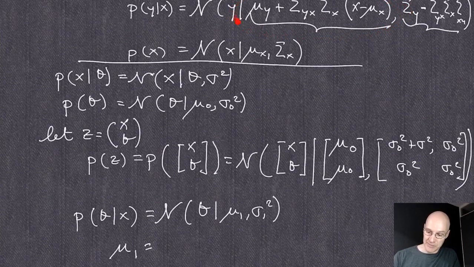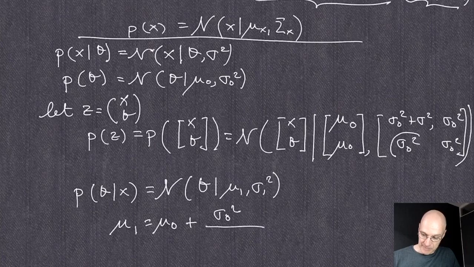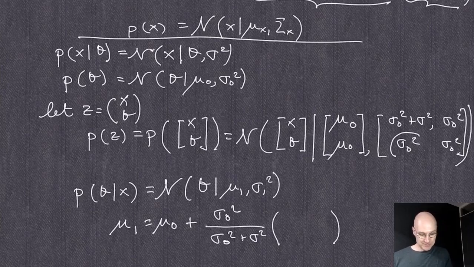Looking at this formula here, mu 1 is going to be, I take mu y, which is mu 0, plus this term divided by this term, multiplied by x minus mu x, which in this case is x minus mu 0.